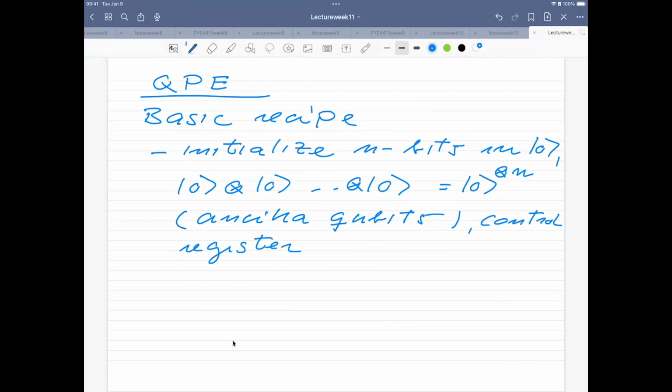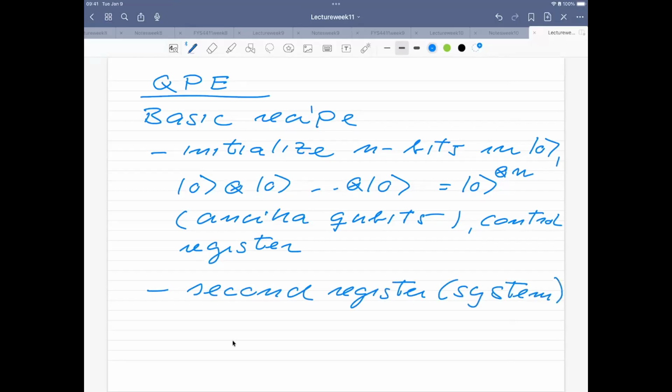And then the second register is the one which contains the state we're actually interested in the eigenvalue of. So, second register. In some textbooks, this is just called the system we are interested in.